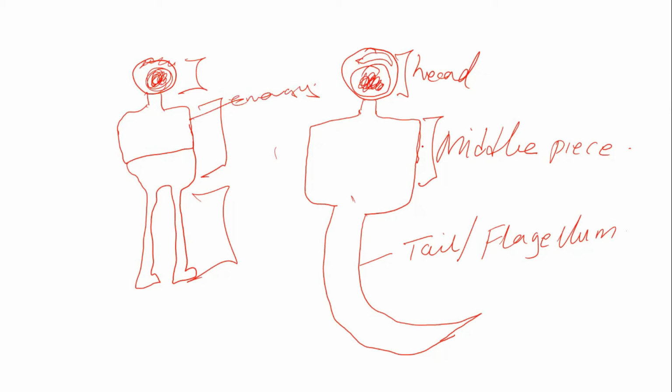Also, the middle piece of the sperm is for energy. Remember, legs are for locomotion. Also, the tail or flagellum is for locomotion.